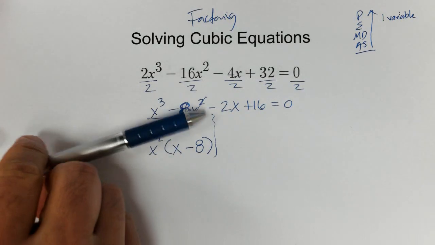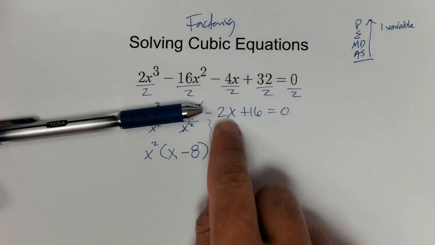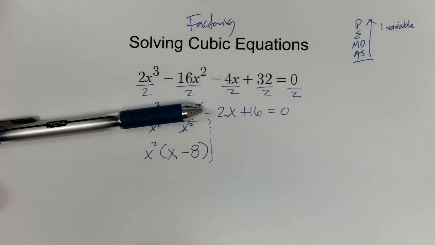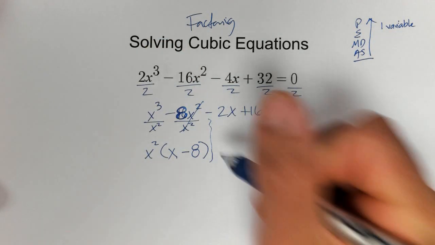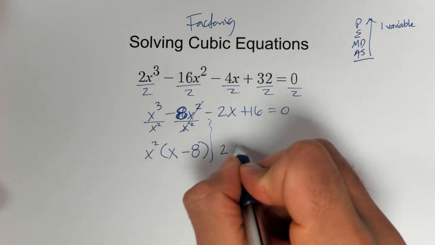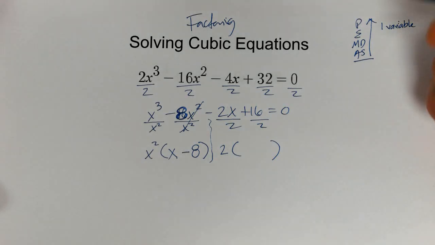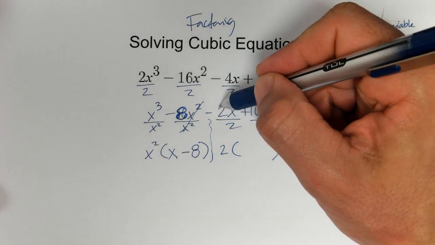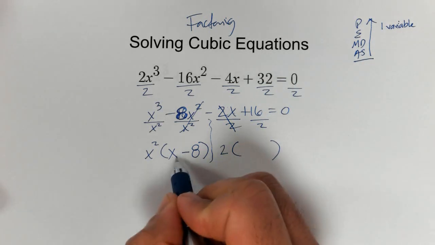Meanwhile, on the other side, on this right side of the problem, I have 2 terms. What do these 2 share in common? Well, they both share a 2 in common. So I'm going to factor out a 2. What do we notice though here? That when I divide by 2, I'm going to be left with a negative x. And I actually want to have the same value here.